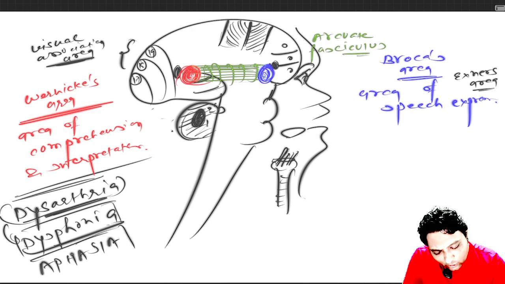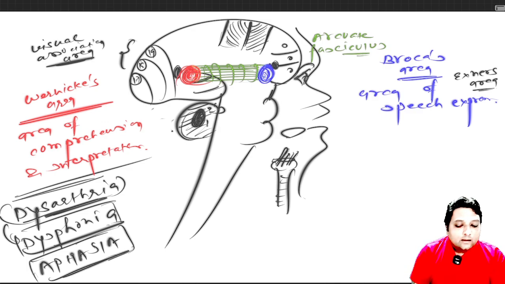And the third terminology is aphasia. What is aphasia?